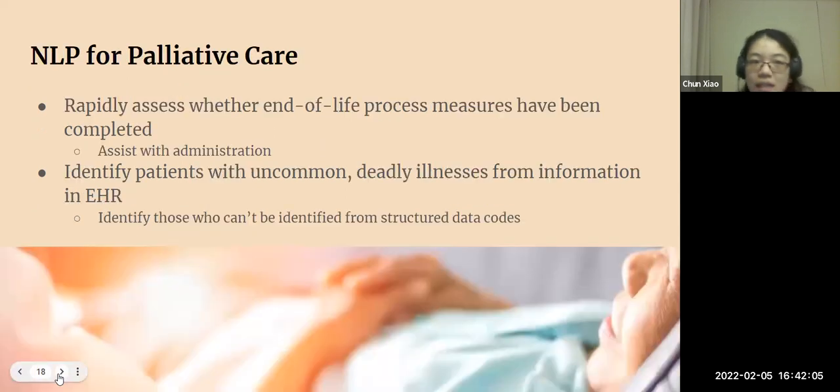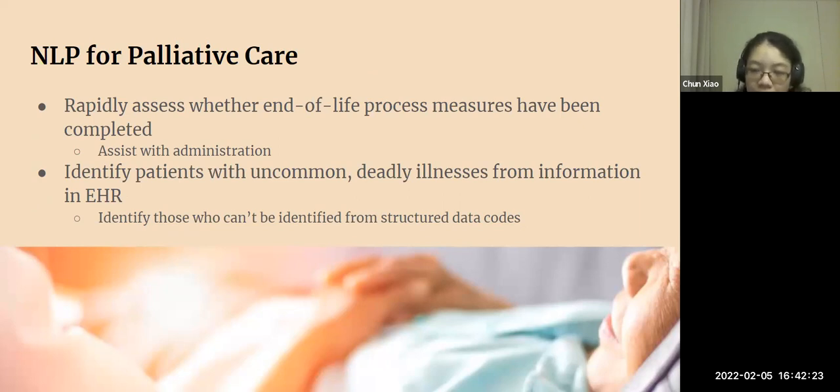Next is natural language processing for palliative care. There are a couple of areas where natural language processing can be used effectively for palliative care. For example, it can rapidly assess whether or not end-of-life process measures have been completed.